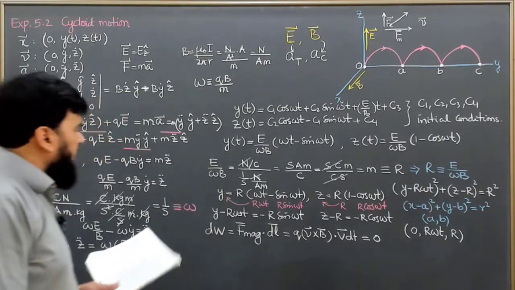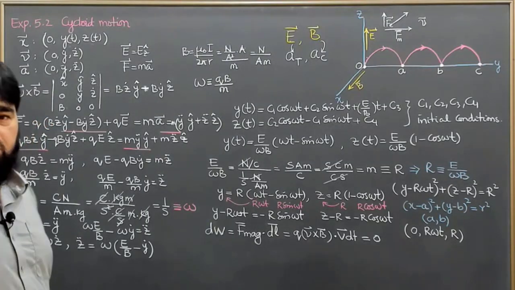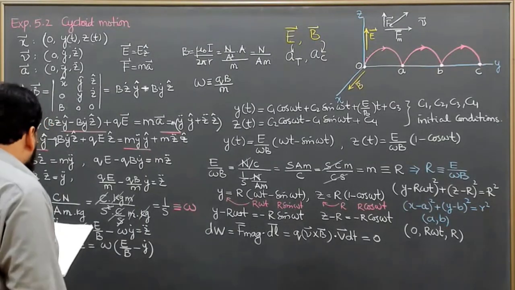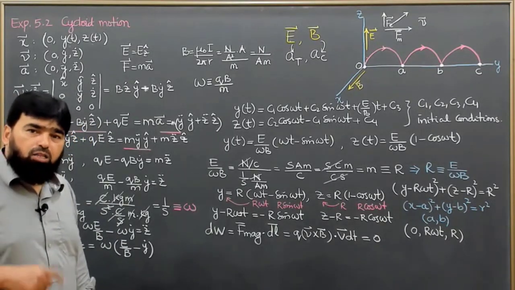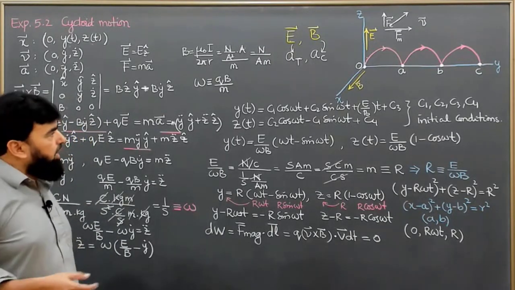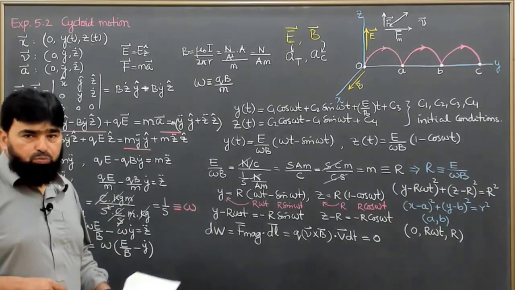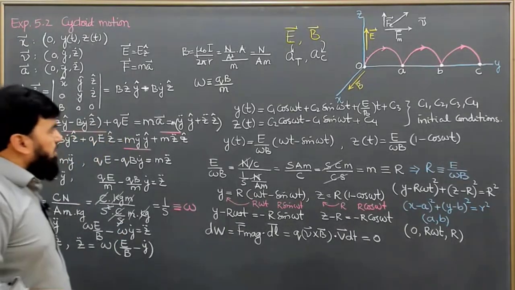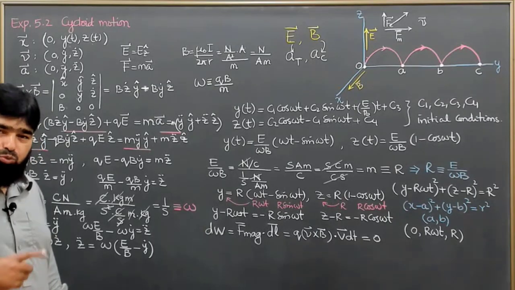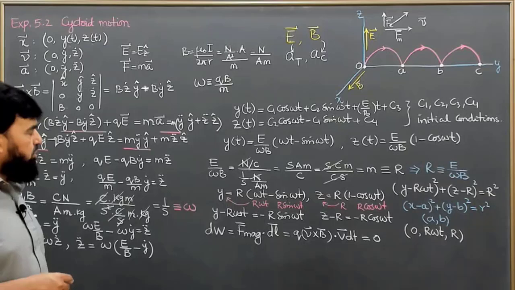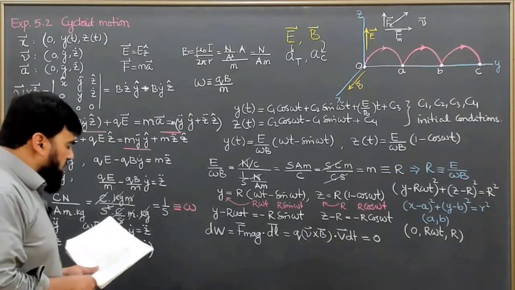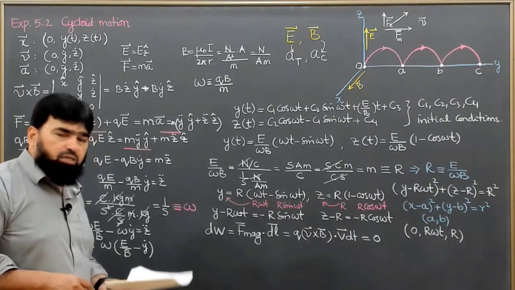We have some applications of this, like the particle accelerator, the cyclotron or the synchrotron. They are working on this principle. In plasma confinement, we use this geometry, like in tokamaks, in magnetic mirrors, etc.